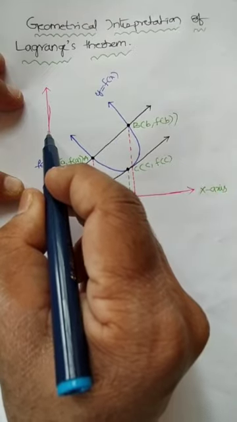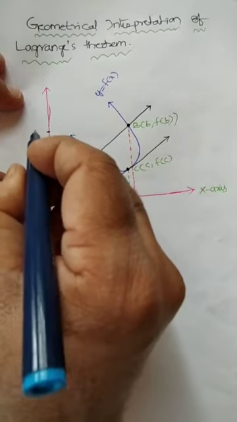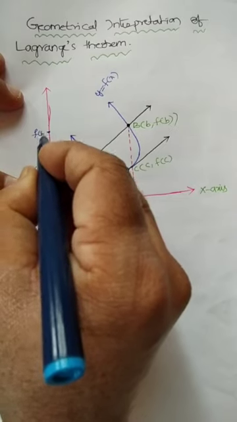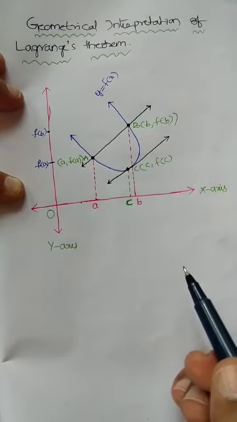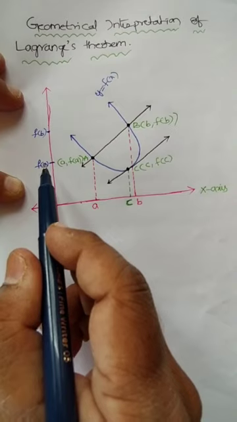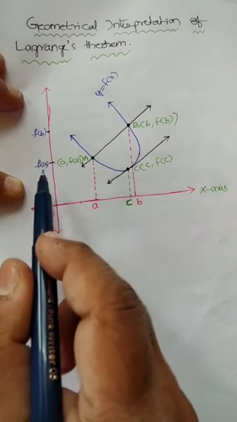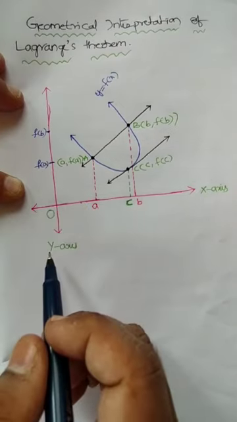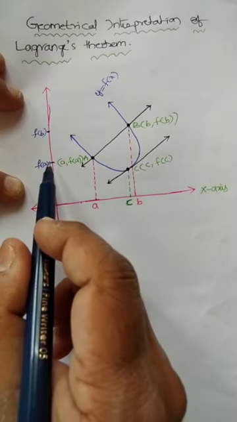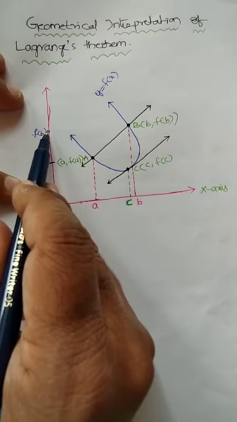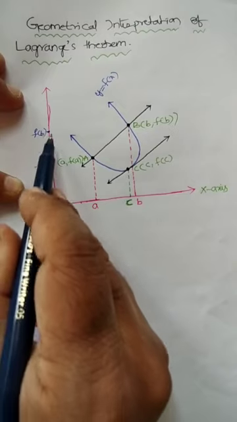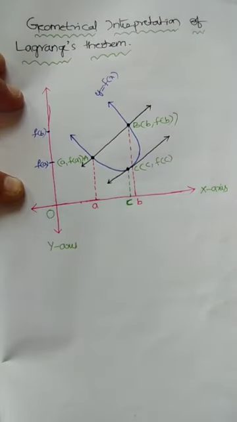So here I would get f of b. In Rolle's theorem, f of a and f of b are both equal. Now here we are clearly observing that on the y axis f of a is here and f of b is here, so f of a is not equal to f of b in Lagrange's theorem.